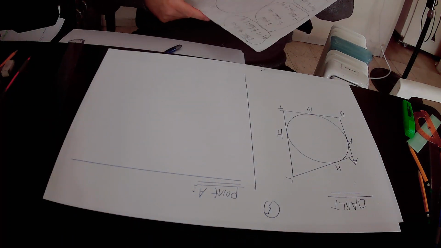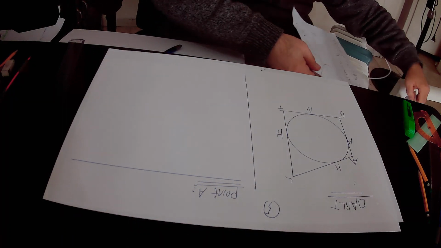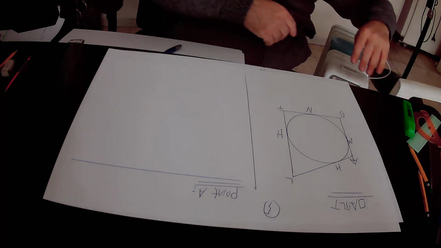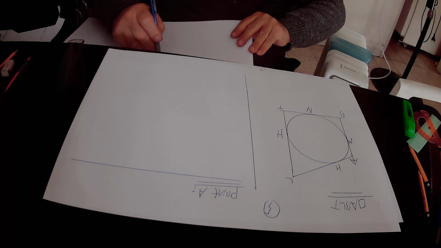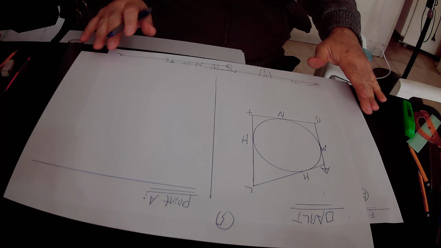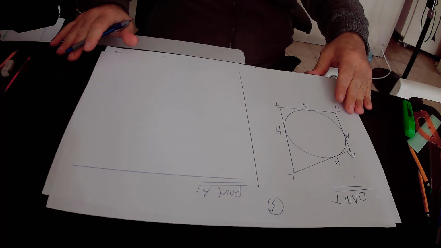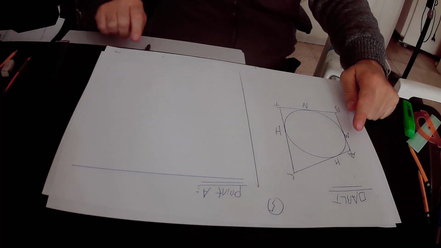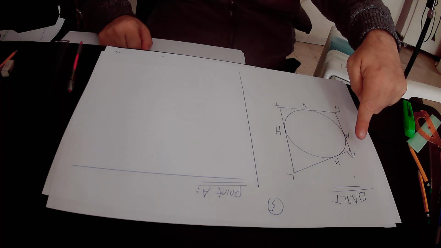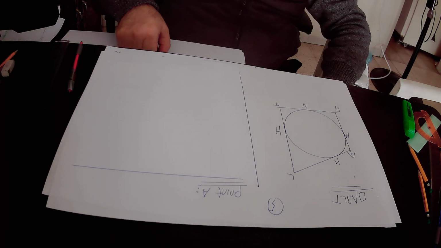We can actually implement this rule 2 in our drawing. Why? Because if you focus on the common external point A, from the common external point A we have two tangents to this circle, tangent AK and tangent AM, and according to rule 2 they are equal to each other.